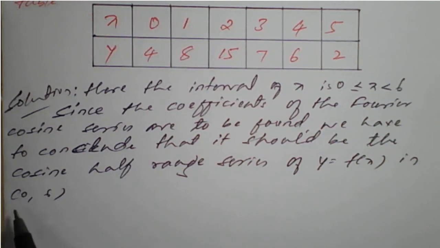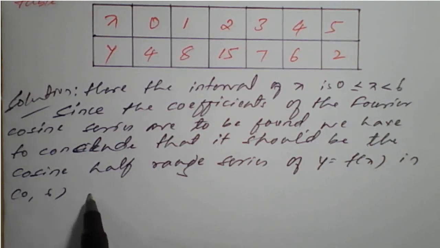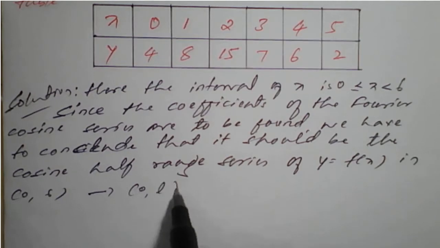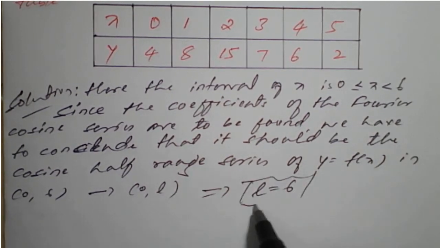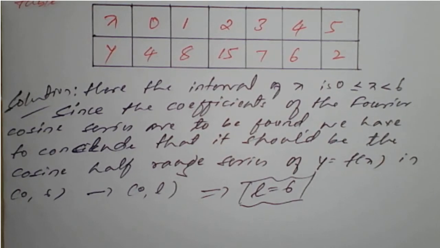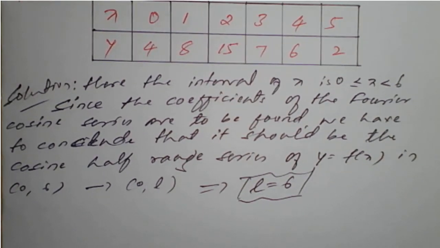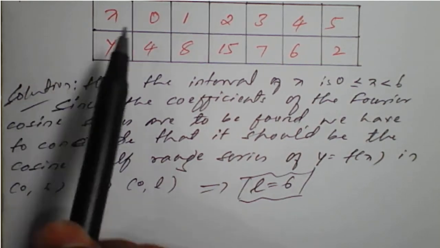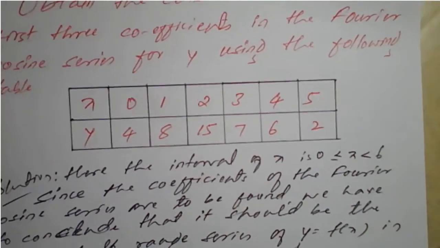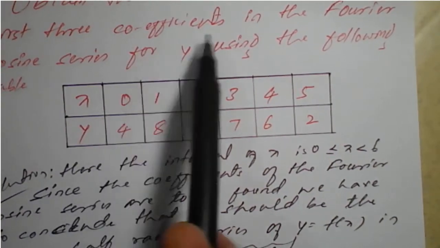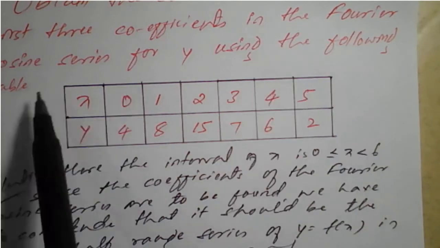Comparing this with 0, L, the value of L is 6, because we are finding the half range series. As per the question, we need to find the first three coefficients in the Fourier cosine series.